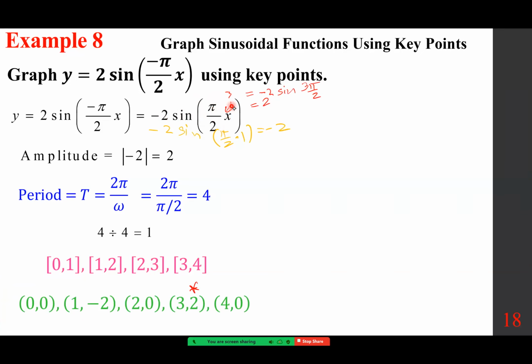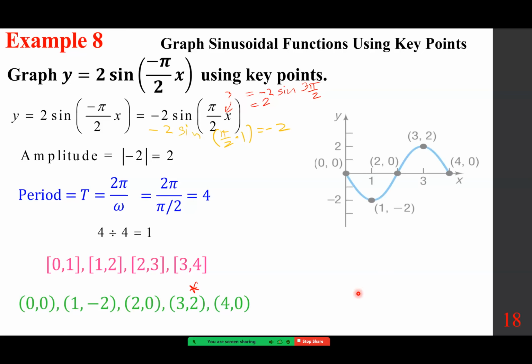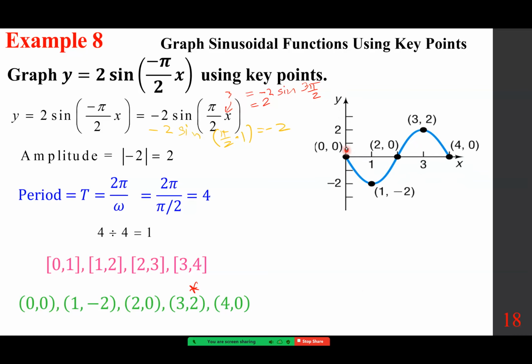Just plot 5 points, class. On a grid, plot 5 points: (0, 0), (1, negative 2), (2, 0), (3, 2), (4, 0), and make up a sine function.